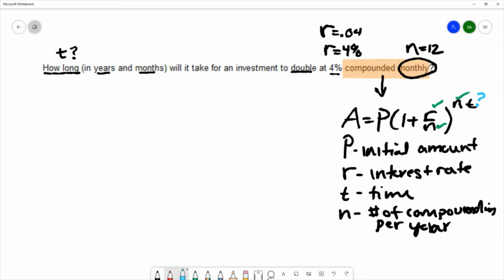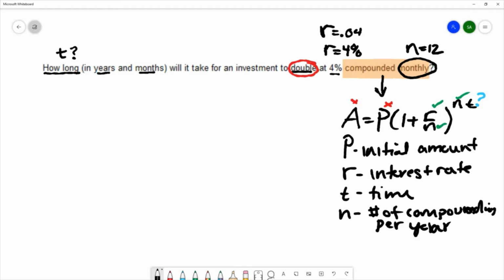But it looks like I'm missing these variables as well, A and P. However, this information right here, which describes the investment doubling, does not give us a value for A and P, but it does give us a relationship between those two.